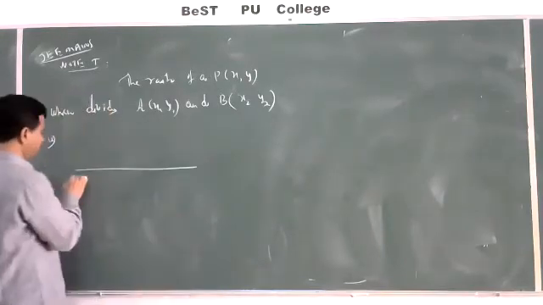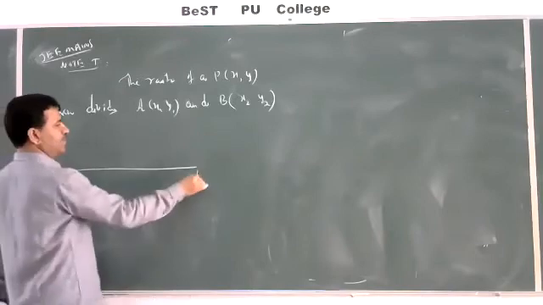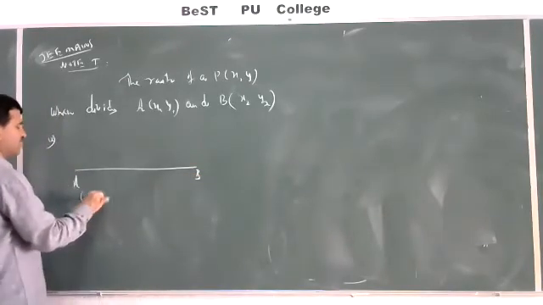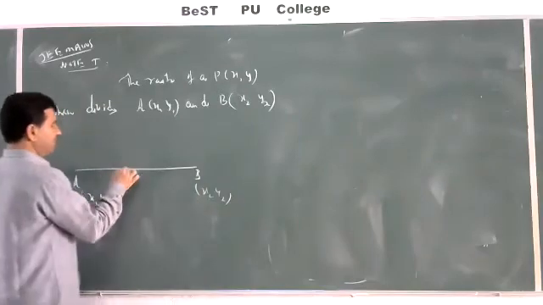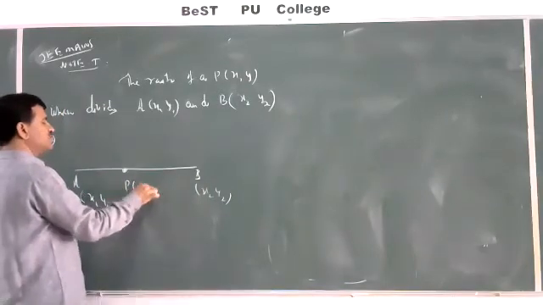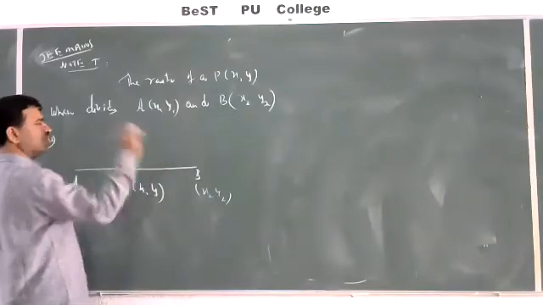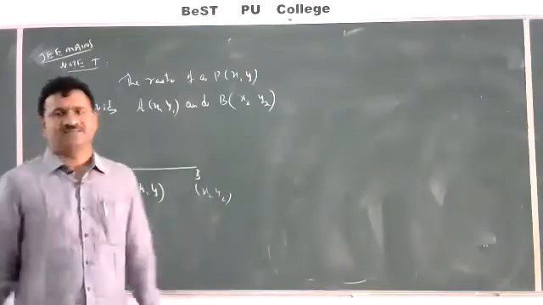I am asking you now, this is A, B, let A be (x1, y1) and B be (x2, y2). I am asking, P(x, y) divides in which ratio? Directly how to tell it?